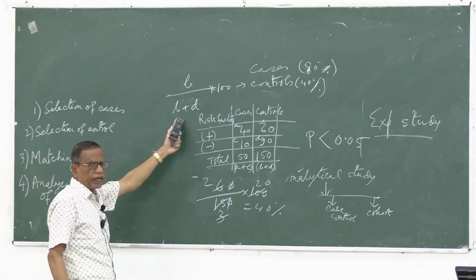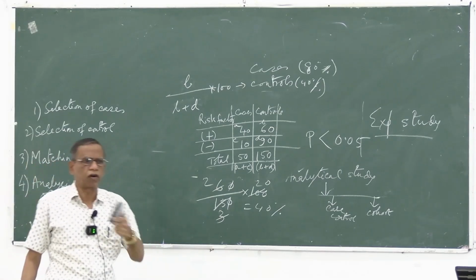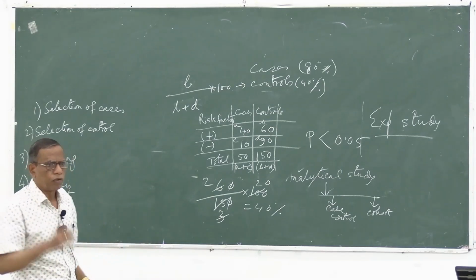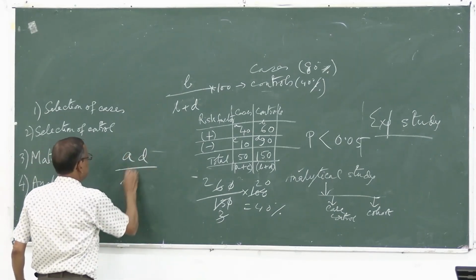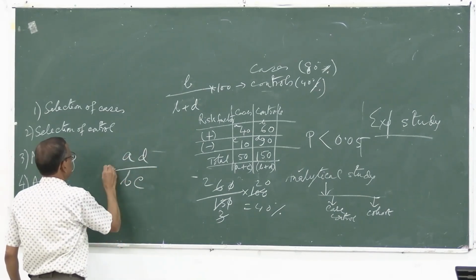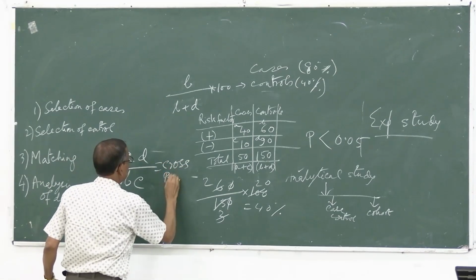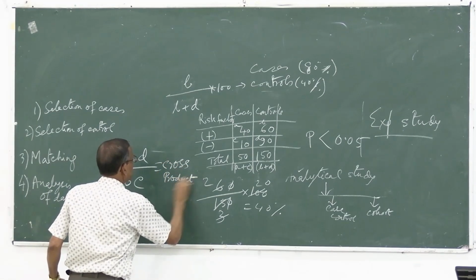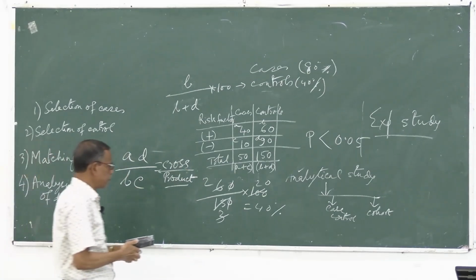Here you find that there is association between smoking and occurrence of lung cancer. Now, what is the strength of association? AD by BC, cross product. AD by BC. What is AD?